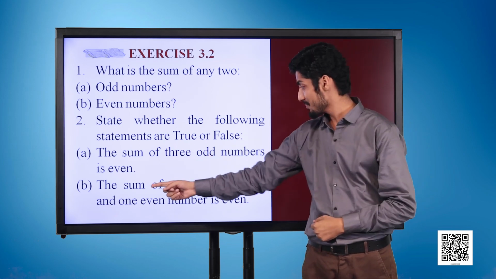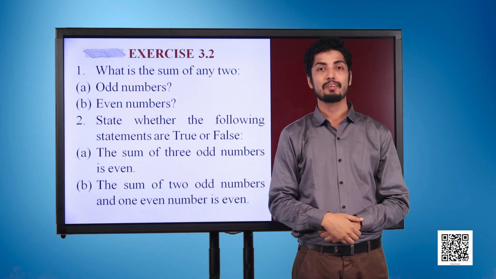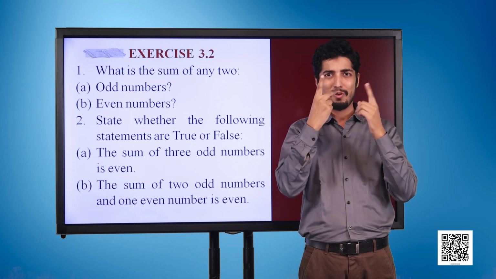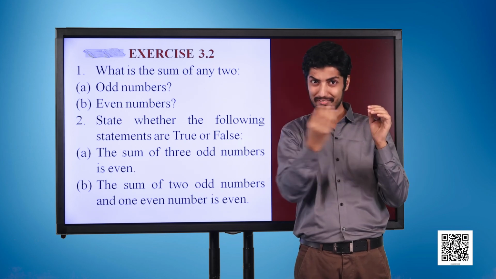B. The sum of two odd numbers and one even number is even.